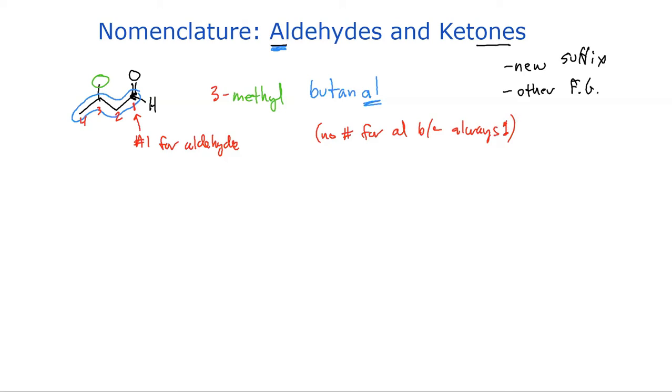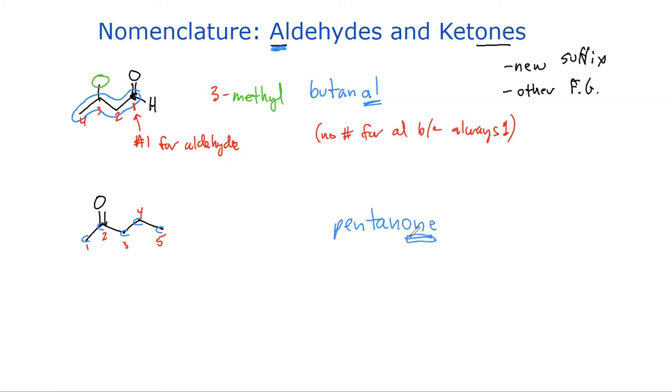Now for ketones, and let's say that we're using a 5-carbon ketone, we do the same thing. The only differences are that we need to give the ketone the lowest possible number, and because it's not always going to be the same number, we still have to list that number. So we have a 5-carbon chain, we'd say pentanone.